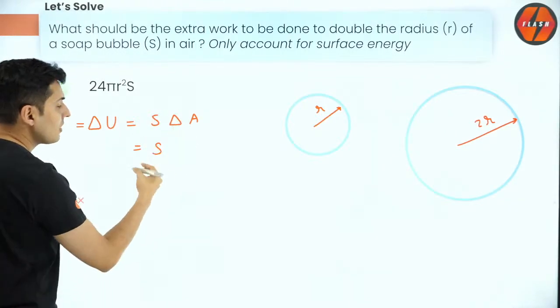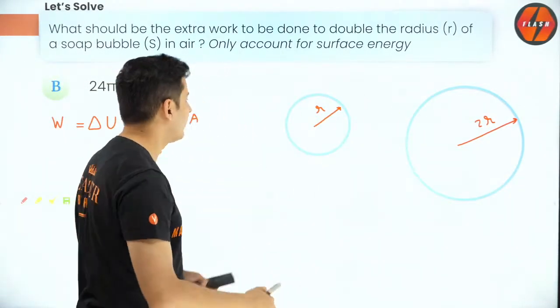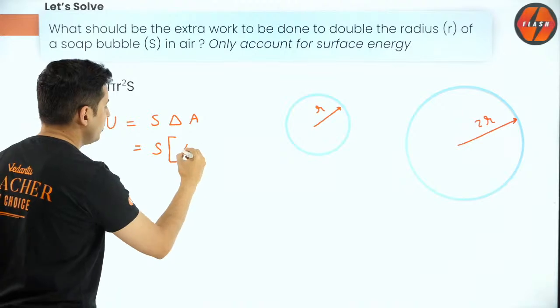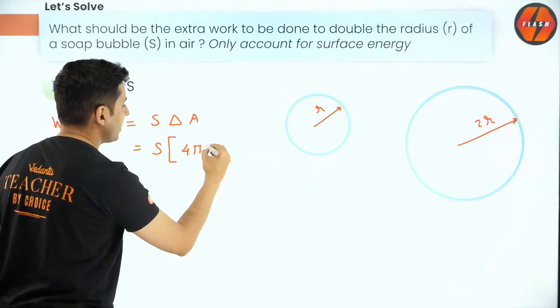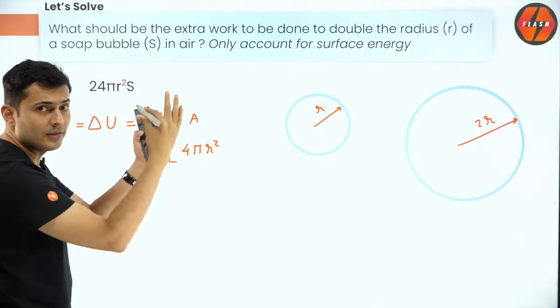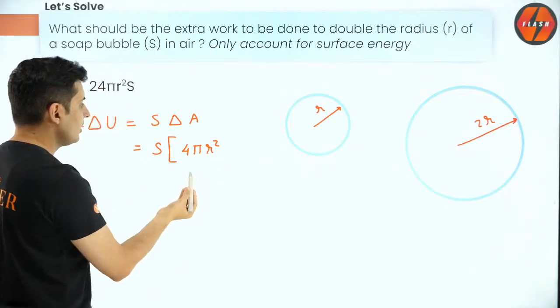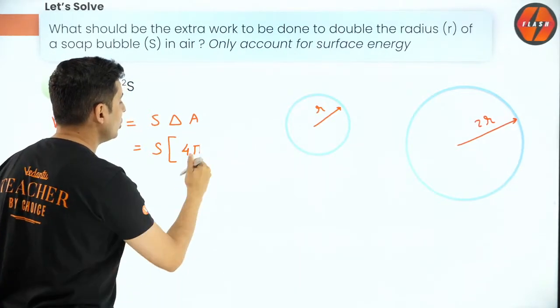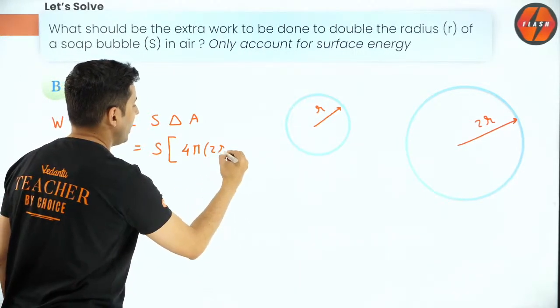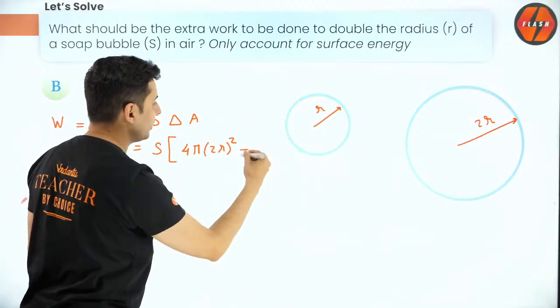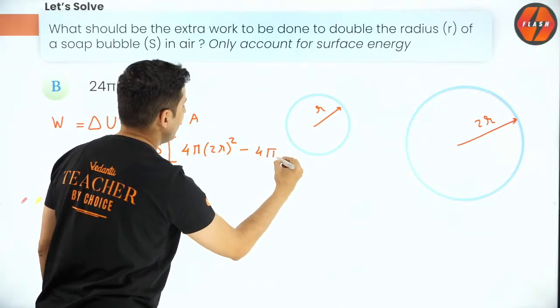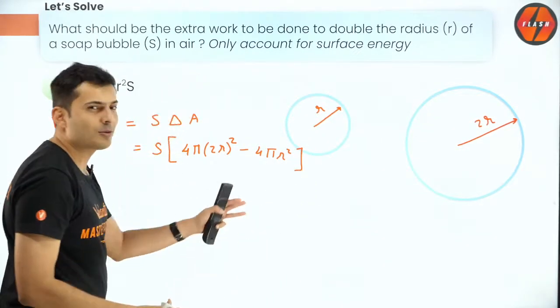S is the surface tension. What is the change in the area? It will be nothing but 4 pi R square. That's the sphere's area, correct? But that R is going to be 2R, so 4 pi (2R) square minus the original area, which was 4 pi R square. Now there is a small mistake in this.